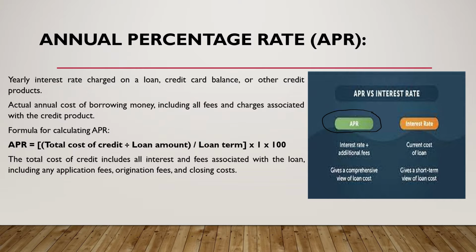It includes the total cost of borrowing, meaning it includes the interest rate, the interest which we are paying when we borrow money, and it also includes the additional fees. Additional fees like the application fees, the origination fees, or the closing cost. All the cost which is related to taking the loan is included in annual percentage rate.